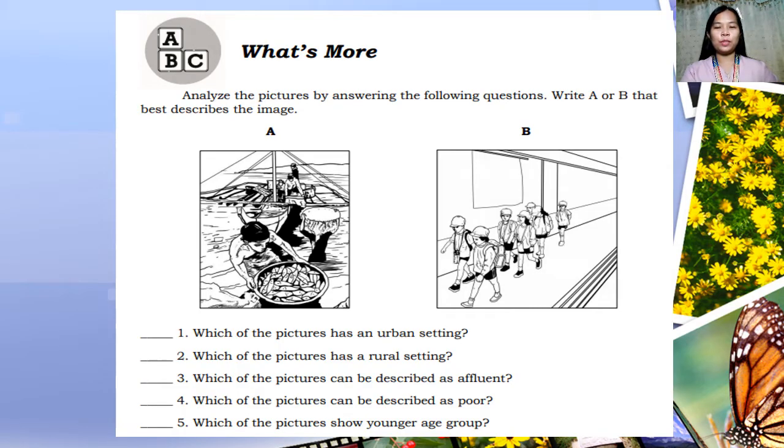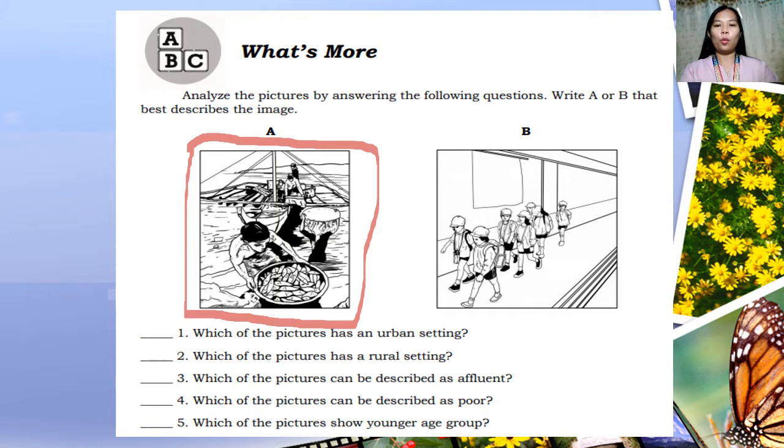Analyze the pictures by answering the following questions. Write A or B that best describes the image. So the picture at our left is picture A, while the picture at our right is picture B.